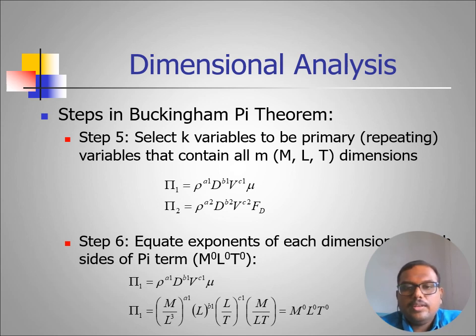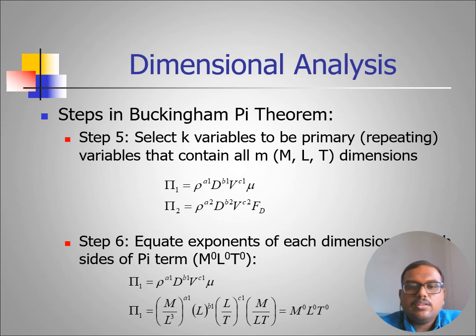Then the remaining variables we take into account, that is dynamic viscosity and drag force. You may note that viscosity and density are both fluid properties, so there is nothing wrong in choosing density or viscosity as a repeating variable. The solution won't change. You will get the same answer if you choose dynamic viscosity as a repeating variable.